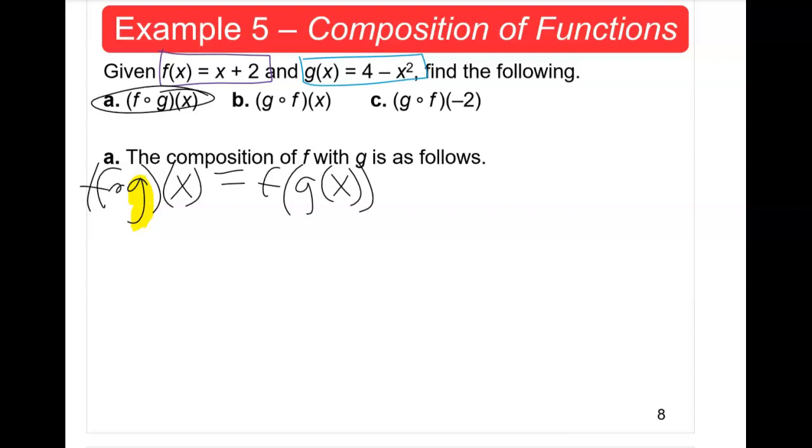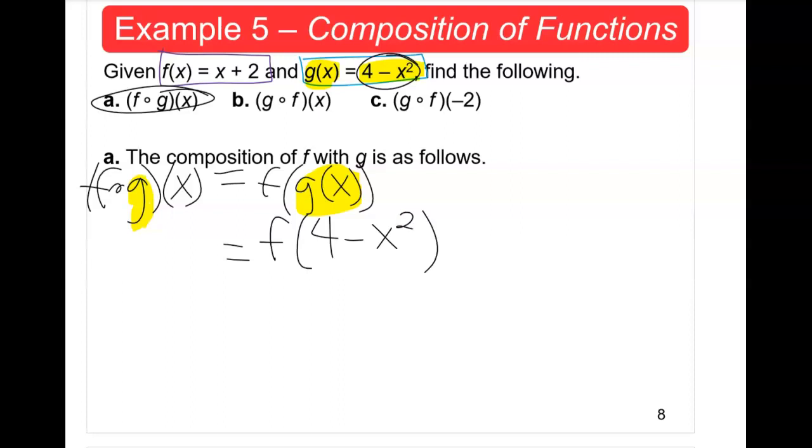So what we will do now is replace g of x, the function notation, with the actual equation for g of x, which is 4 minus x squared. Why? Well, because that's what it says here, that they're equal to each other. So we take that equation and we enter that in the parentheses.